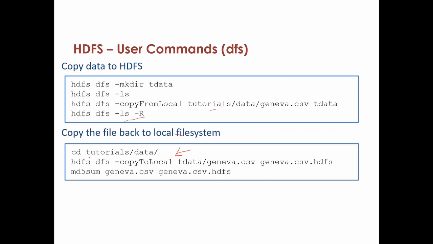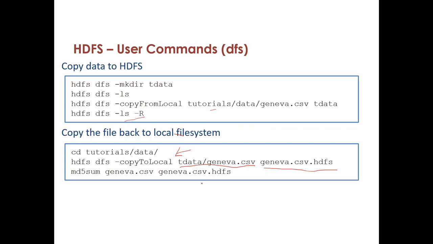So if your local data is tutorial slash data, then you can use a command like hdfs dfs copyToLocal, and then this is the path on the HDFS, and then this is the path on the local file system.